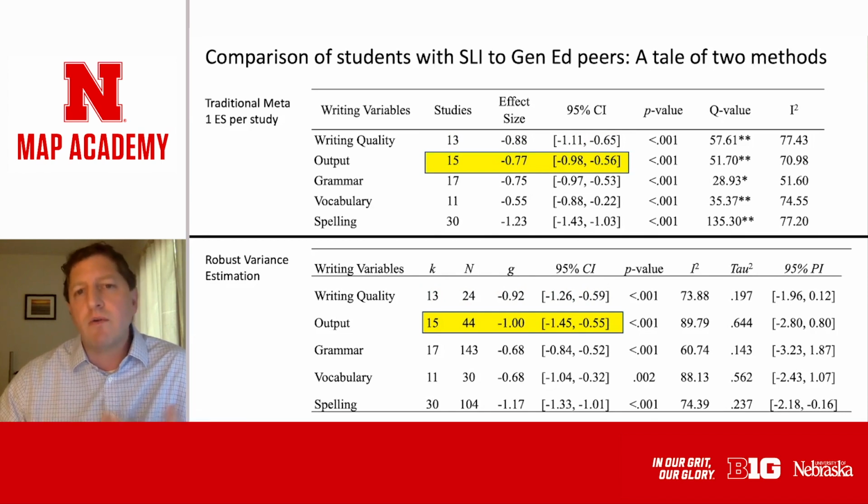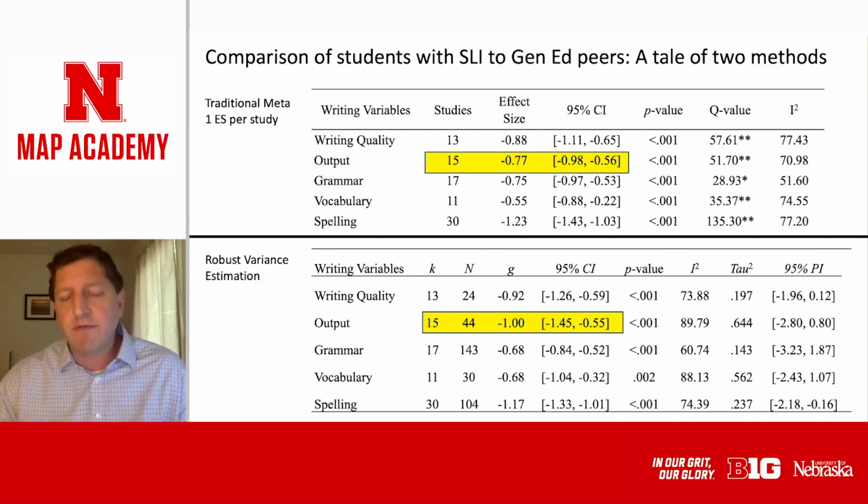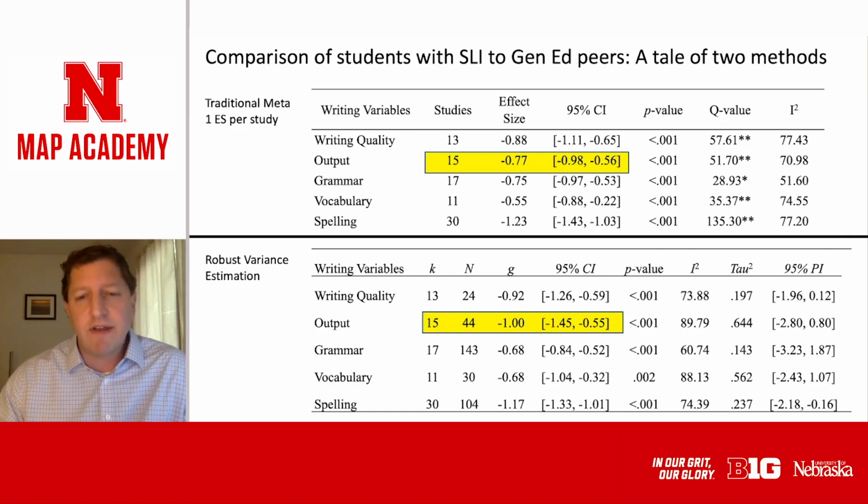You might say, oh gosh, well the effects are pretty close, and that's not always the case. And so part of this is that as we're looking at these things, it may be that we dealt with outliers differently, or had to deal with outliers differently, when we were using the one effect size per study versus the robust variance estimation. There's a lot of different factors that come into play, but essentially we ended up with a very different effect size here. And so this could be kind of problematic.